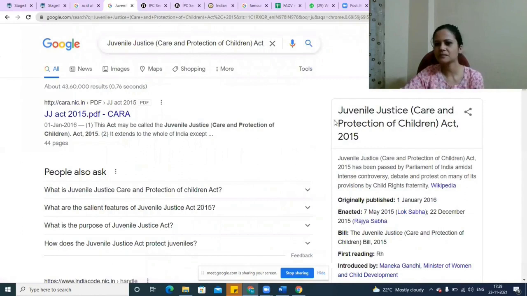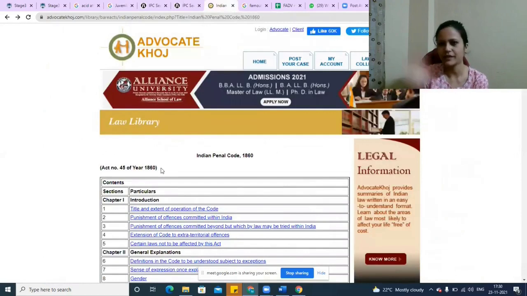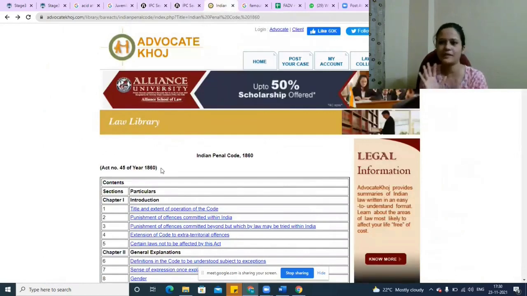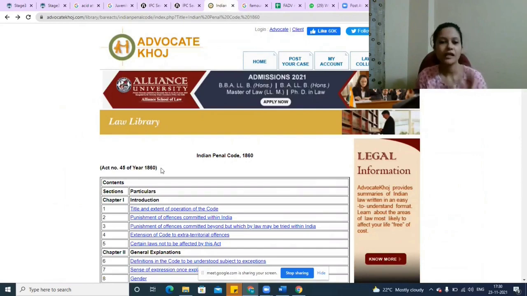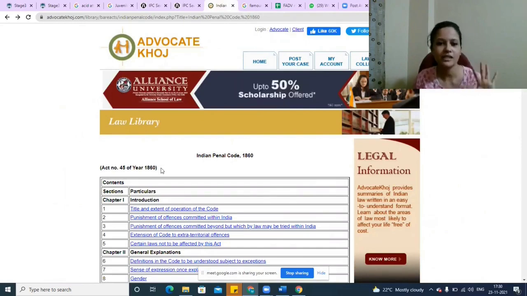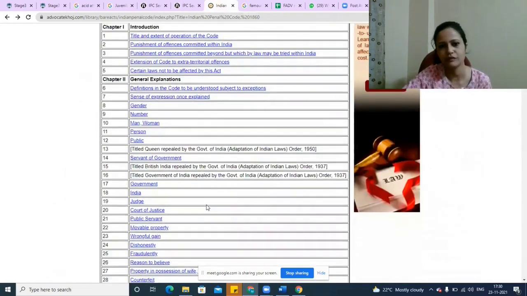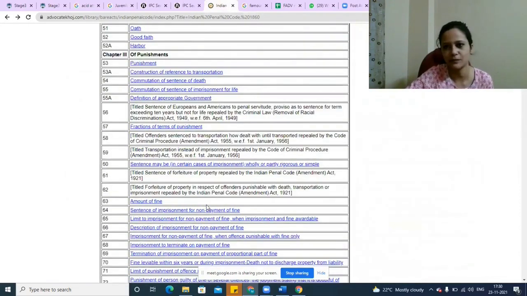So this legislation is there, which is the Juvenile Justice (Care and Protection of Children) Act 2015. Before that, I'll tell you one thing. IPC is there, which is defining different types of crimes. That means if we are committing any crime, we will have to face the consequences, the punishment that is provided.